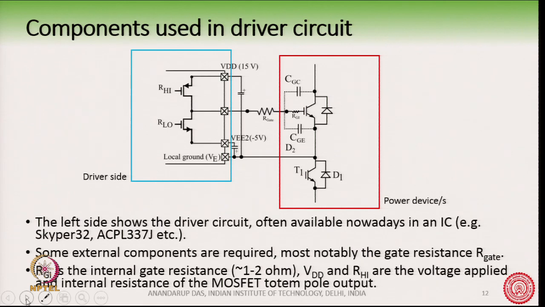Now, before we go into the turn on and turn off phenomena, I would like to say that nowadays these gate drivers come in some form of a circuit which is again controlled by a gate driver IC.